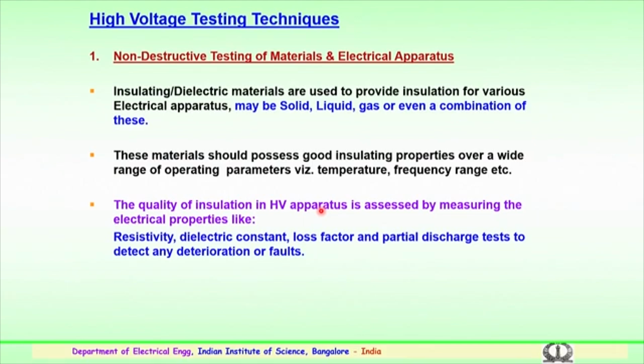So, the testing techniques will be discussed pertaining to these insulations. We have 2 categories in high voltage testing techniques. One is the non-destructive testing for the materials and electrical apparatus. Second is the electrical testing or the high voltage testing, which we will be discussing.